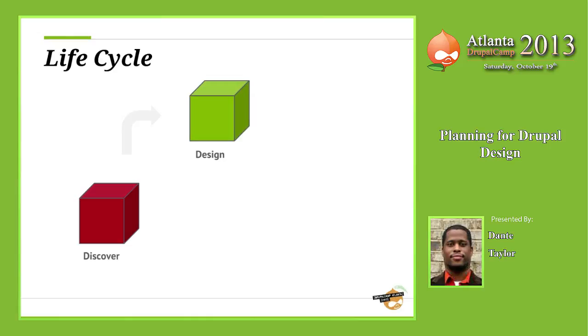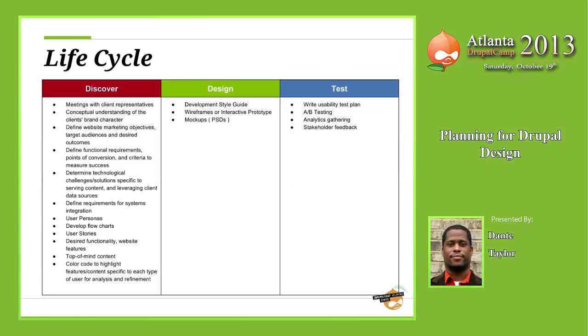Then you do the design. Then you do the testing, which is a last step that a lot of times is not taken seriously, because people are more concerned with discovery and design. They think, I got it done, I'm going to put it out in the market. Testing comes way after. Well, testing should be a part of each individual phase as you move along. I kind of broke it down.